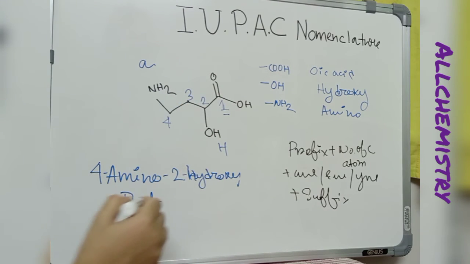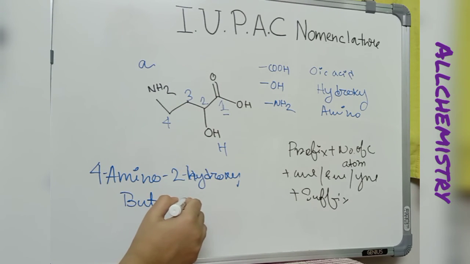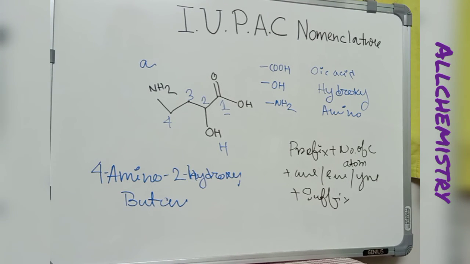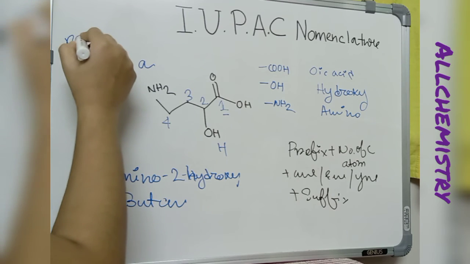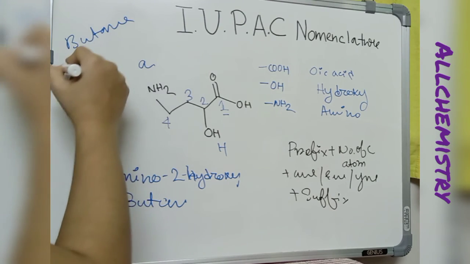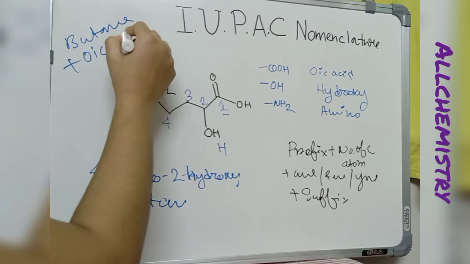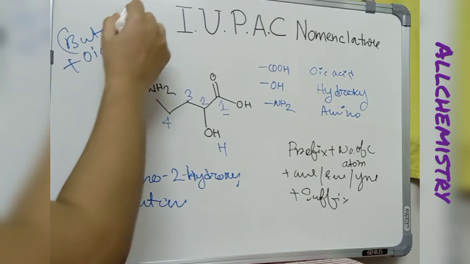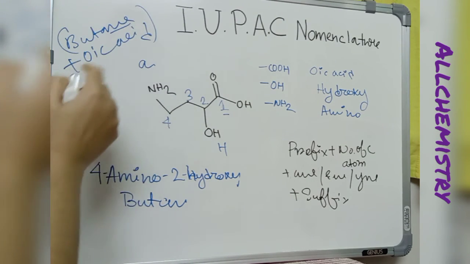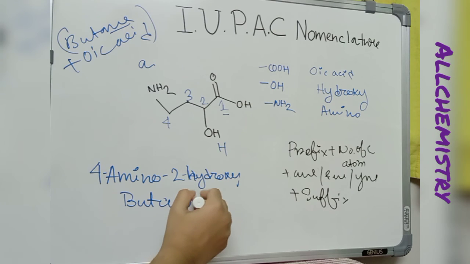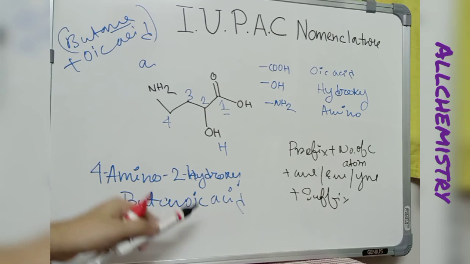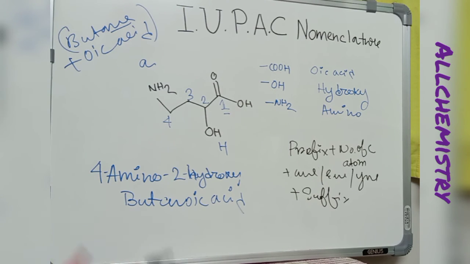No double bond, so butane, and we have butane plus oic acid. Okay, oic acid is the suffix of CO2H. So, omitting the e, we will write butanoic acid. So the nomenclature will be 4 amino 2 hydroxy butanoic acid. Okay.